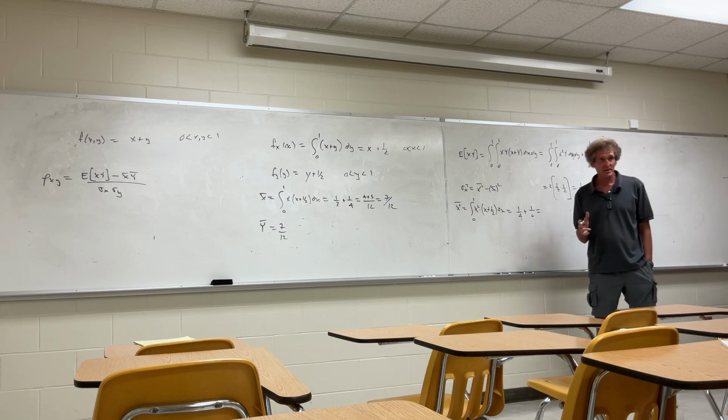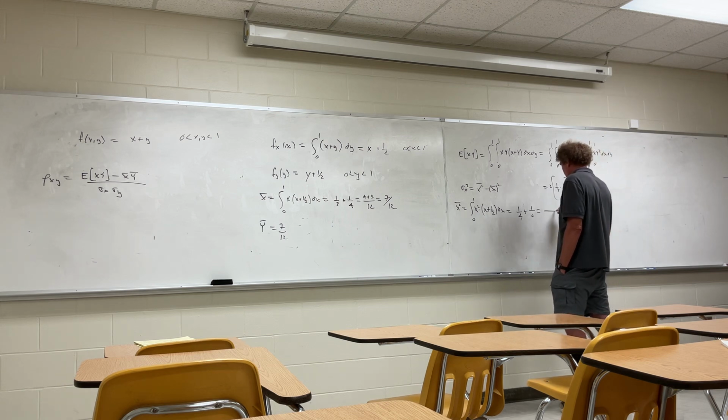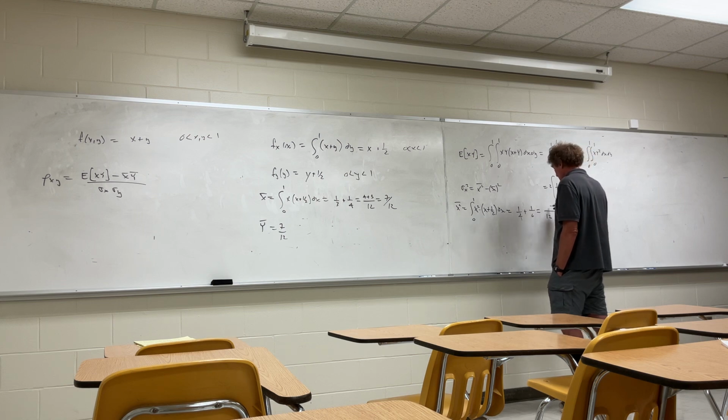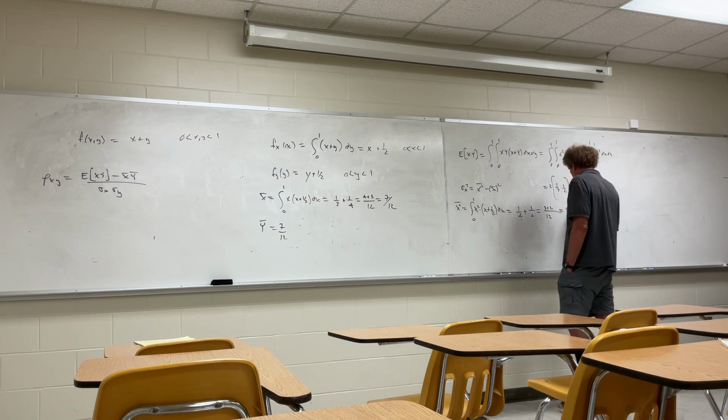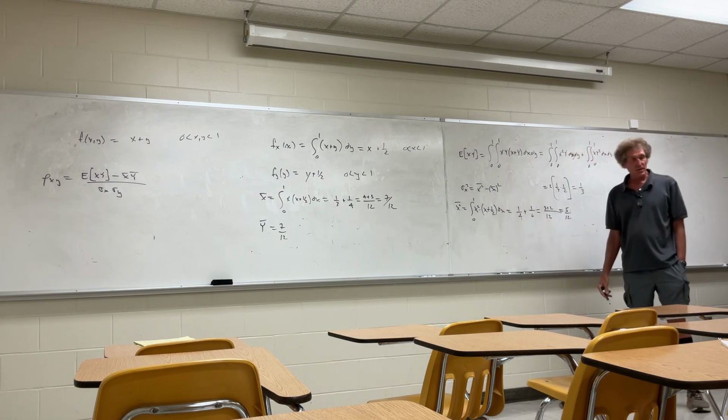Don't make dumb mistakes. And what's that going to be? Well, I don't care how you do this. Let's common denominator. That'll be 5/12. So that's going to be 3 plus 2 or 5/12, is that right? That's what I got. 5/12, right?